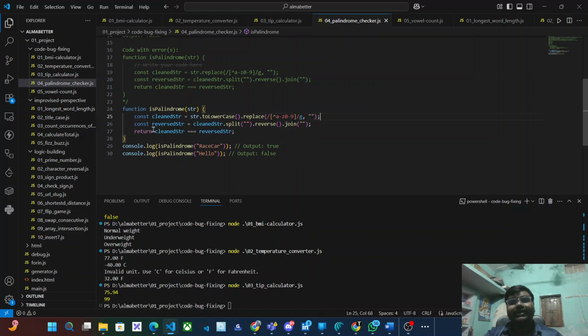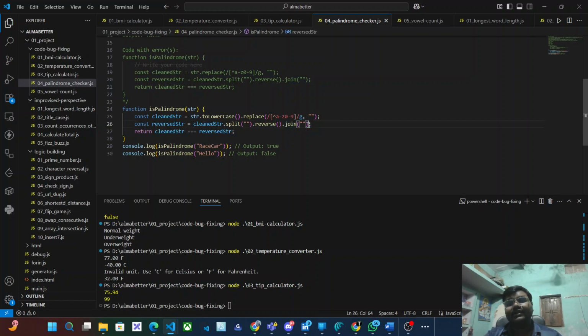After that, we are creating a constant reverseString. For reverseString, we split and convert into an array using the split method, then reverse, so everything inside it is reversed, and then join again.